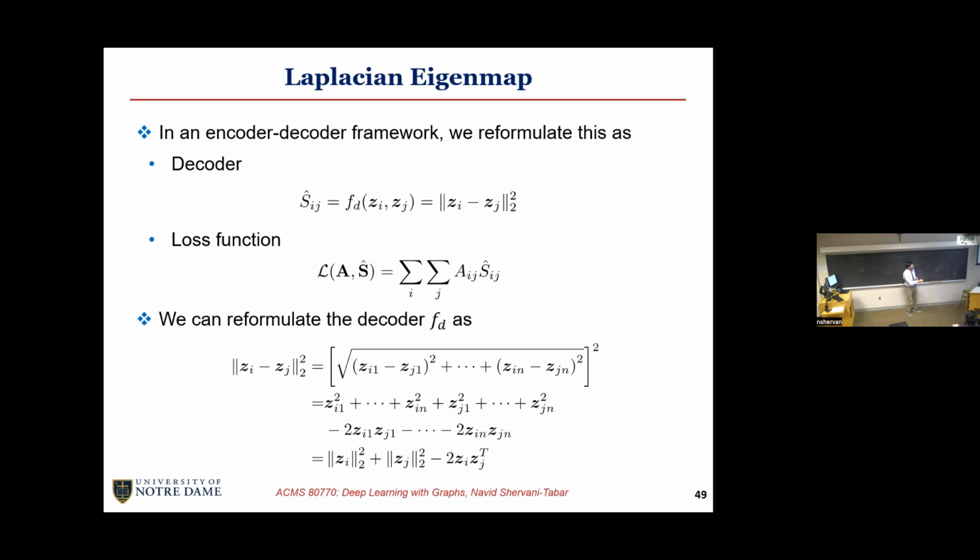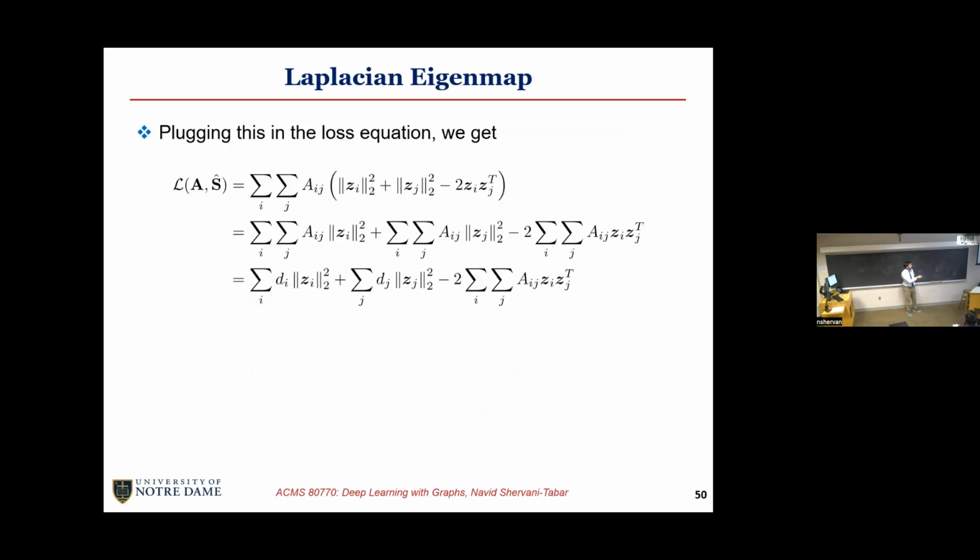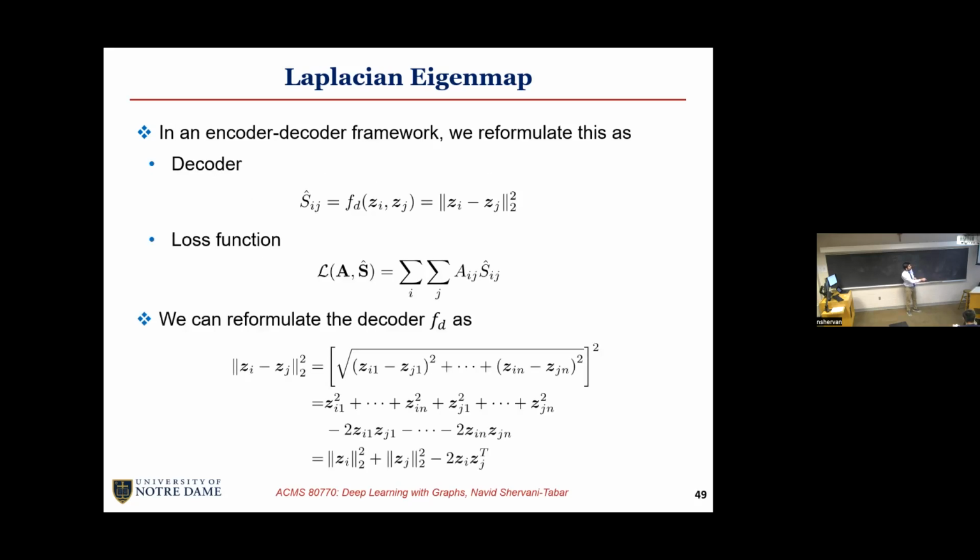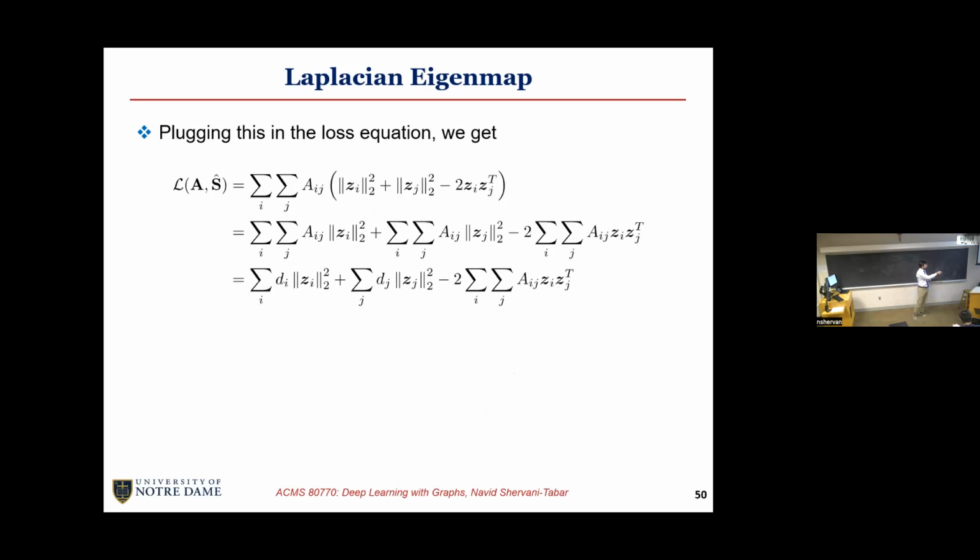So now I plug this back into our loss function. I take Aij in, and I have three sums now.